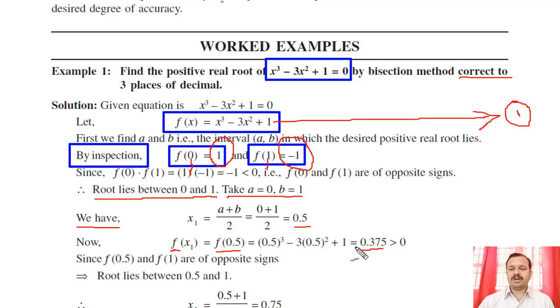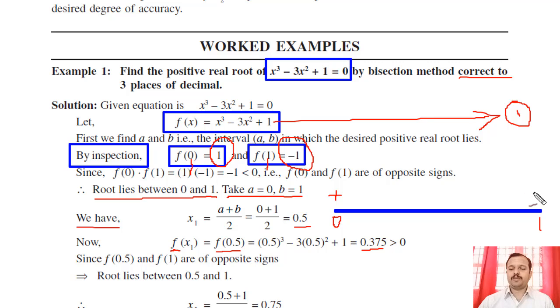Let me once again draw the picture for your sake. First I chose a as 0, b as 1, and I got the value of f at 0 as positive and the value of f at b as negative.